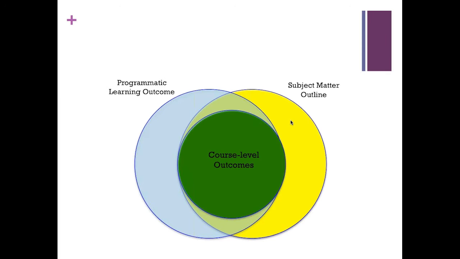by identifying the course level outcomes, we know exactly what's tested in a particular class, and what's tested in a particular class may or may not be consistent with everything that's in the subject matter outline, either because the professor or even the law school deems that information not important to cover in a particular course, or maybe that information is covered in a different course.